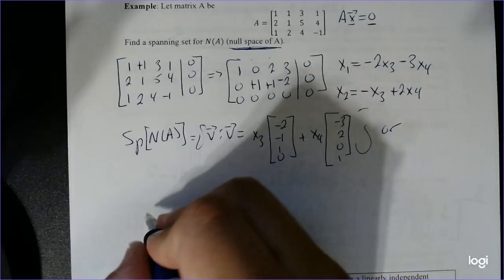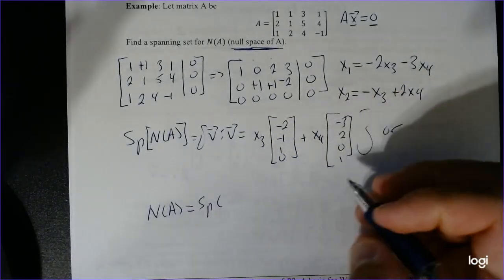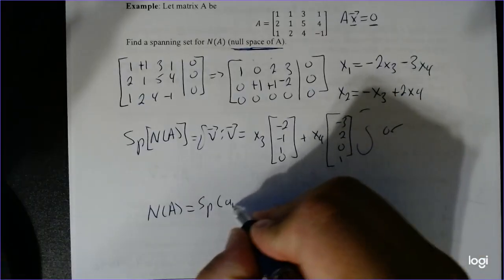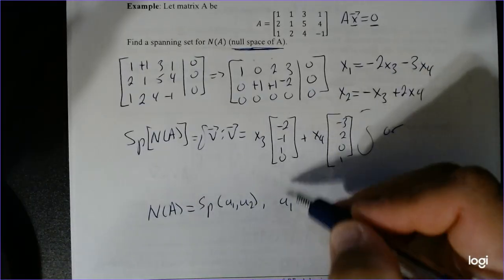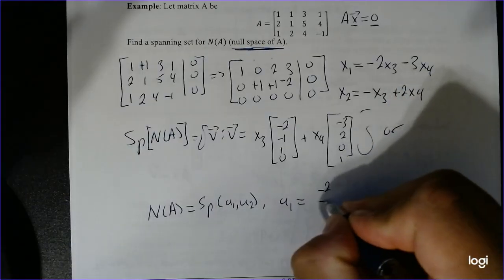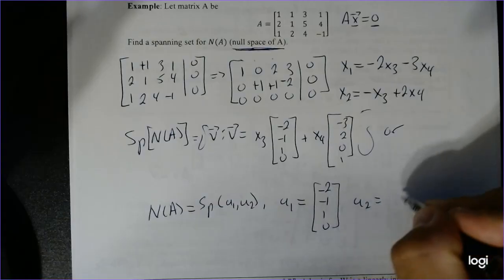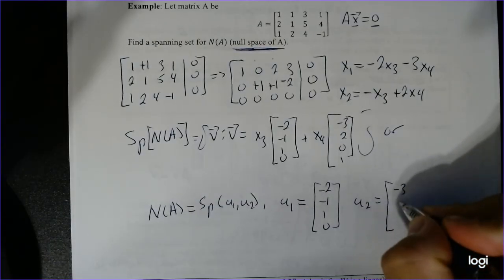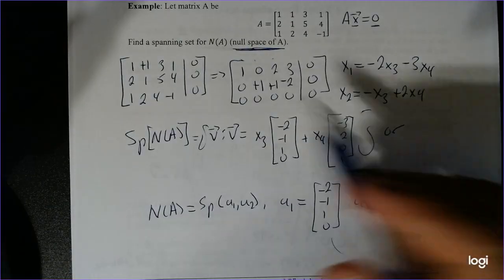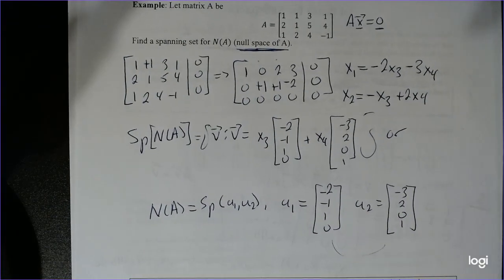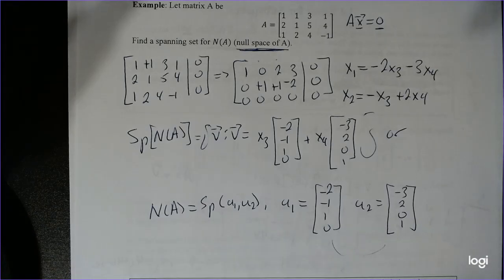In other words, the null space of A is equal to the span of u1, u2, where u1 is equal to this vector, and u2 is equal to the other vector. So again, these two vectors themselves span the entire null space of A. Or you could write it this way using its independent variable situation.